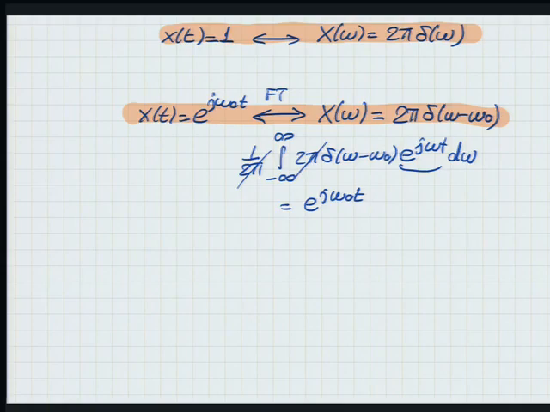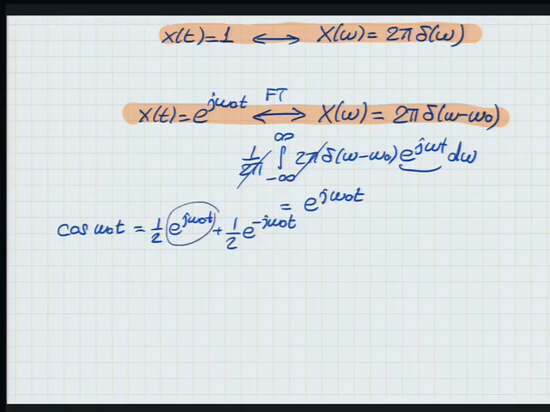naught t, I would use the linearity properties and the usual decomposition of cosine as 1/2 e to the j omega naught t plus 1/2 e to the negative j omega naught t, right? And now I know that this guy goes with 2 pi delta omega minus omega naught, right?